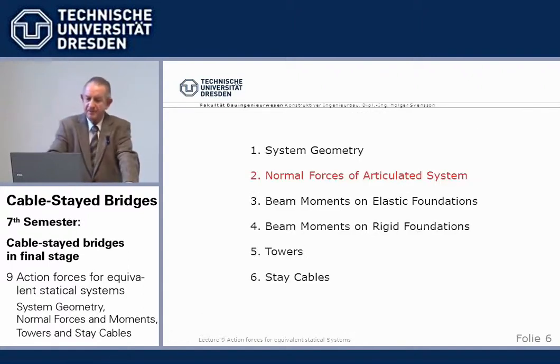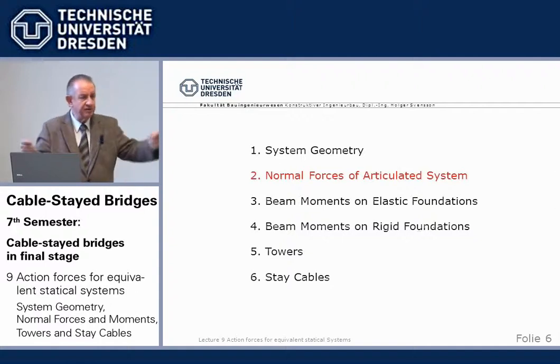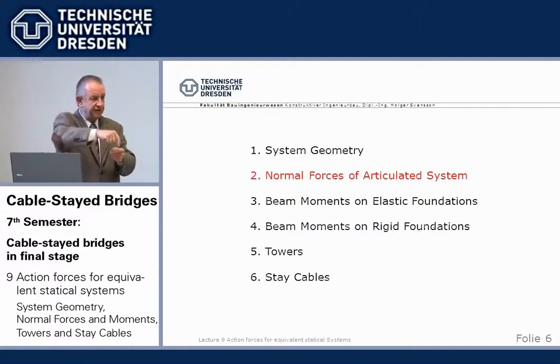Now, how can we very easily calculate the normal forces in a cable-stayed bridge by hand? Meaning mainly the cable forces, that's of our primary interest, but also the compression and tensile forces in the beam and the towers.